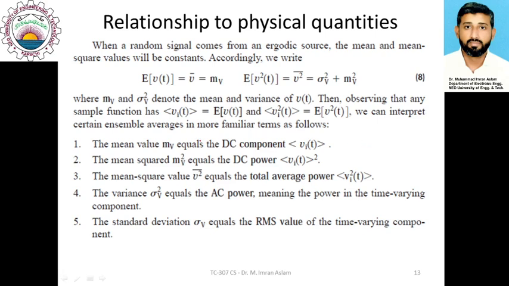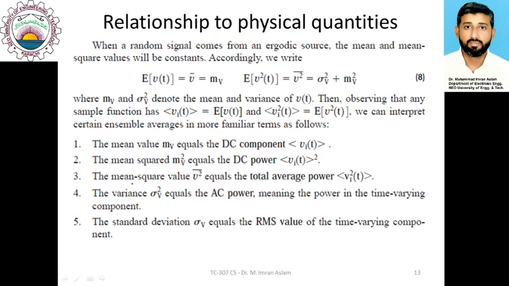Okay, so now let us come back to the mean squared value. If we square the mean value, that means we are squaring the DC component. That means we will be calculating DC power in the signal.